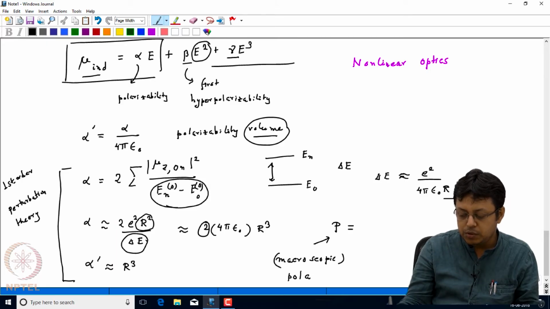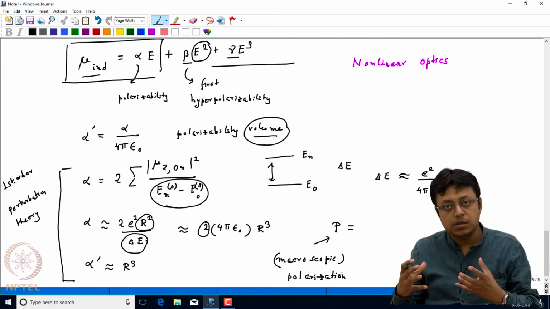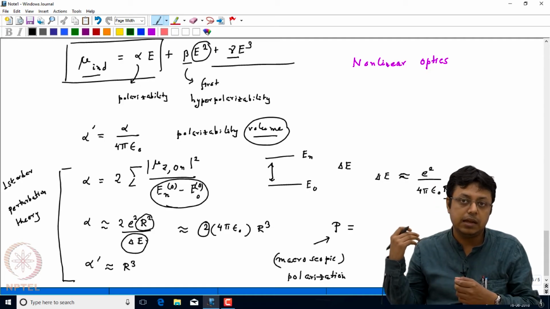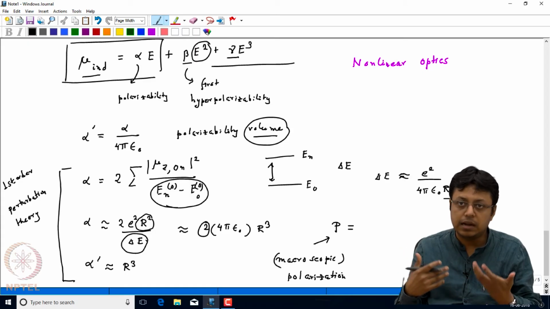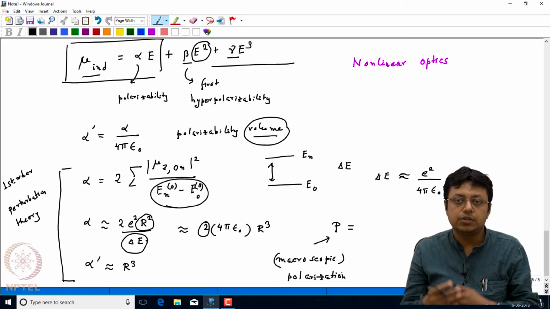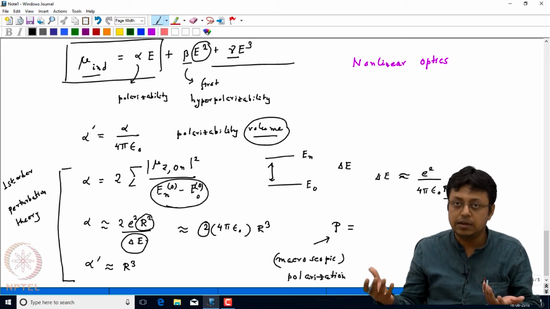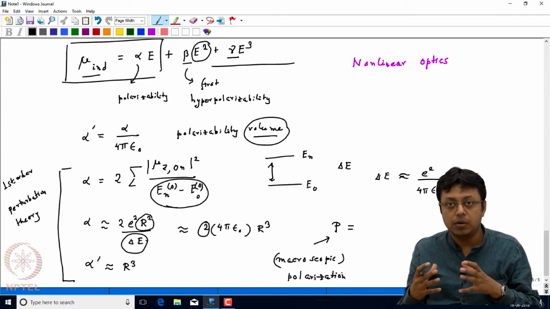So, suppose you do this experiment on, say, a gas or a liquid where we have some molecules which have a very high alpha. If I apply an external electric field, which can be static or time varying as we see with light, then I create a static dipole or a time varying dipole, which is an electric dipole in this case, and the strength of the dipole depends on the magnitude of the alpha, or the polarizability.